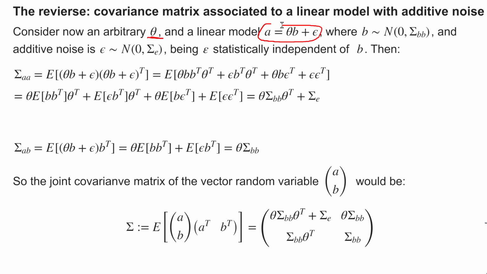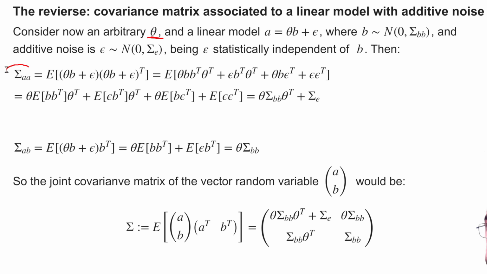So I have a linear model whose input is a random variable of covariance matrix, or variance if it's just single dimensional, sigma BB, and this epsilon is an additive noise, statistically independent of B, with variance sigma E. So theta, sigma E, and sigma BB are known. Well, in that case, which is the joint covariance matrix between A and B?